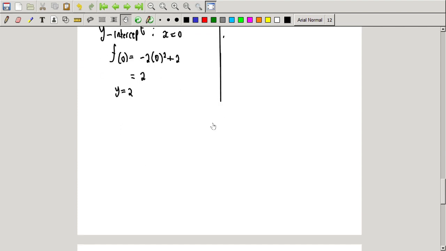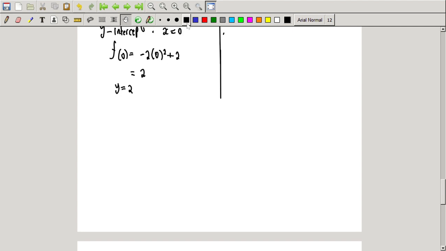Okay. Now let's look for the turning point. To get the turning point, since we already know the roots, the x-coordinate of the turning point, TP, is equal to x of root 1 plus x of root 2, the roots I'm talking about, the intercepts, all divided by 2.